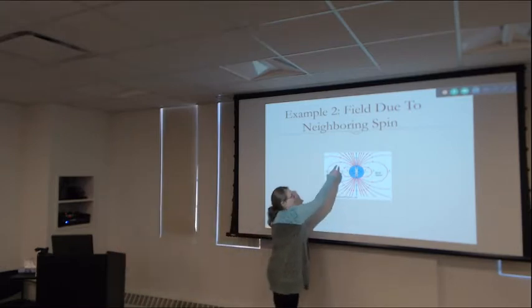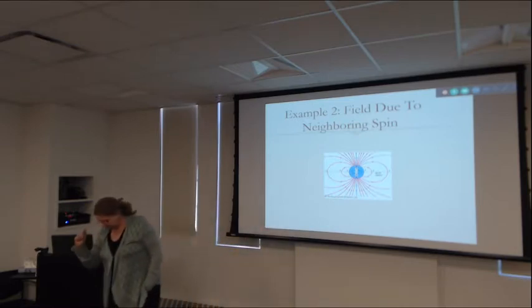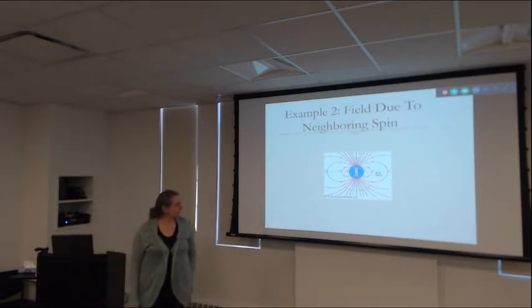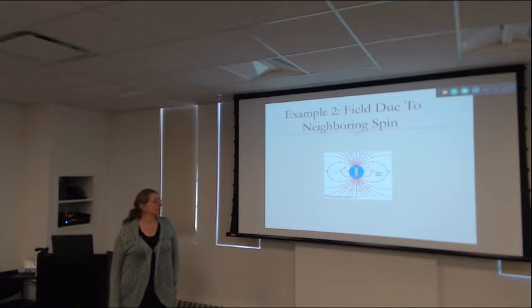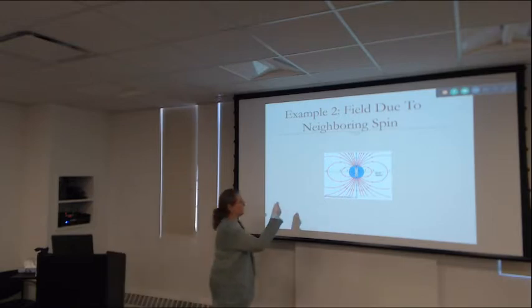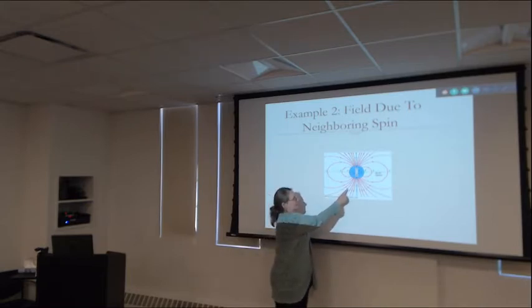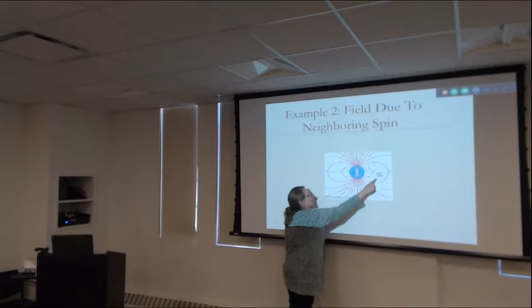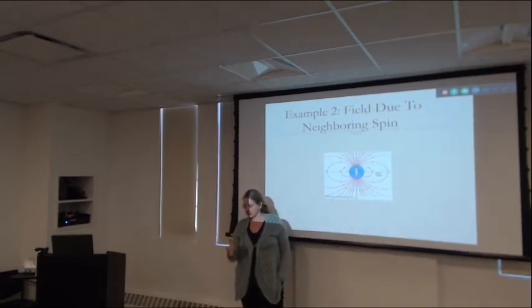So there are field lines that are cast by the nucleus, just like there would be if you had one of those little horseshoe magnets. And they have curvature. They have a particular shape. It's a very famous shape, so we know how to calculate it. And it does mean that if I'm a neighbor spin, I'm going to have a different total magnetic field as I walk around in different directions with respect to the neighboring spin.